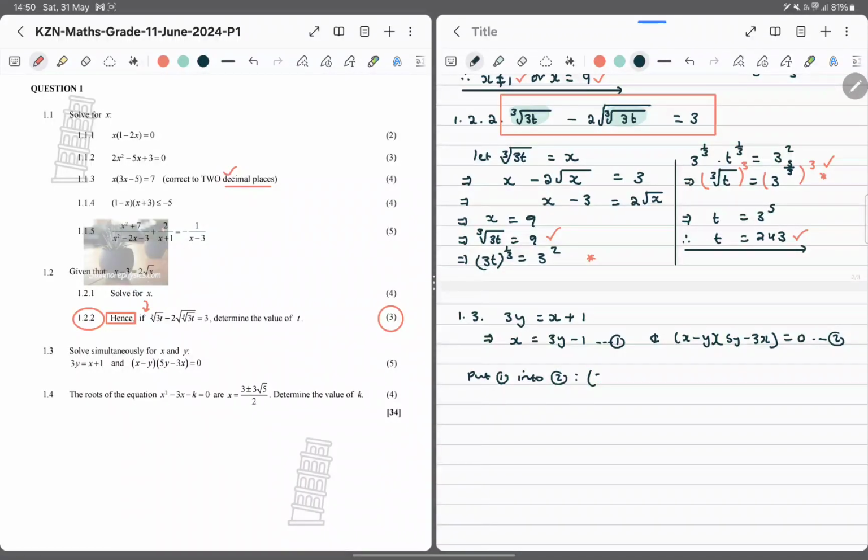Where we see x, we put 3y minus 1 minus y into 5y minus into 3y, so we need a square bracket here. Okay, please guys, the notations must be right. Minus 3y minus 1.